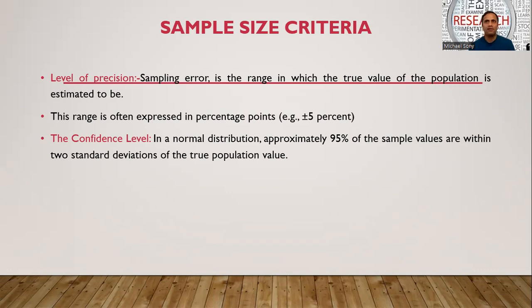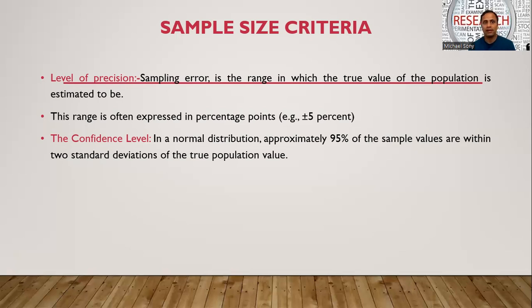Usually we say 95% confidence is what most research is carried out with. So the chance of making an error is 1 minus 95, that is 5% error, which is tolerable.